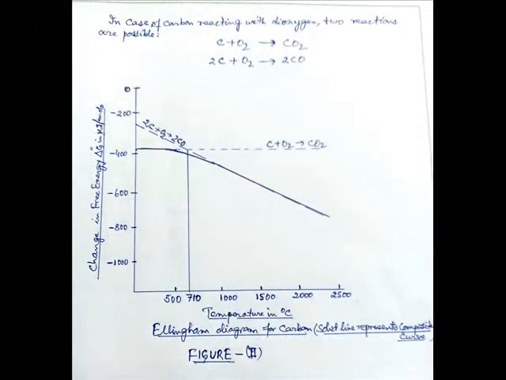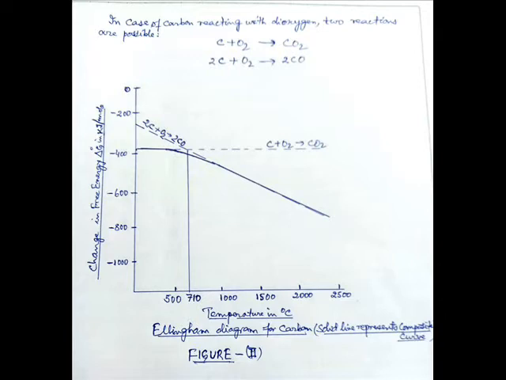Now, the fifth point is the case of carbon reacting with dioxygen. Here we discuss two points: among carbon and carbon monoxide, which is more feasible as far as reduction of other metal oxides is concerned? When carbon reacts with dioxygen, two types of reaction take place.